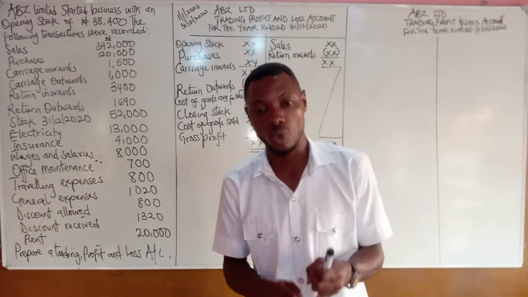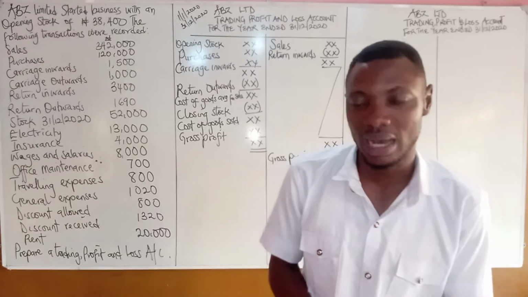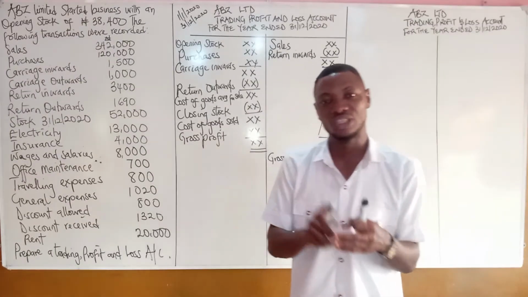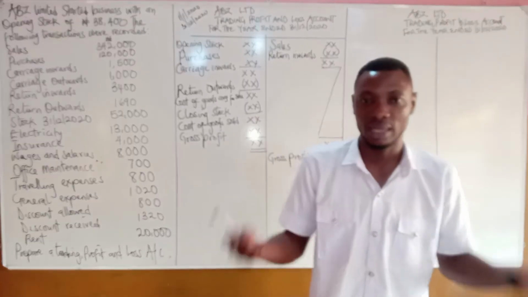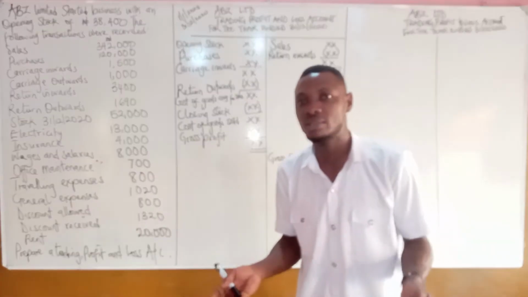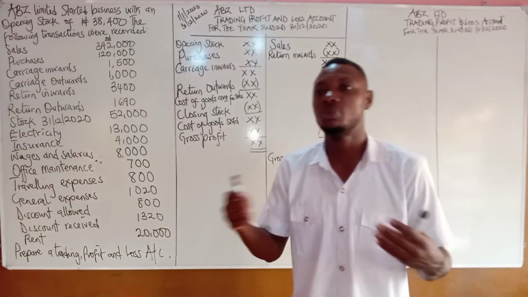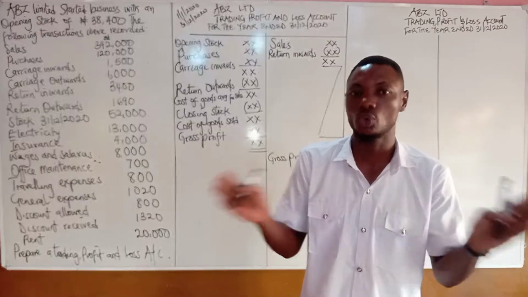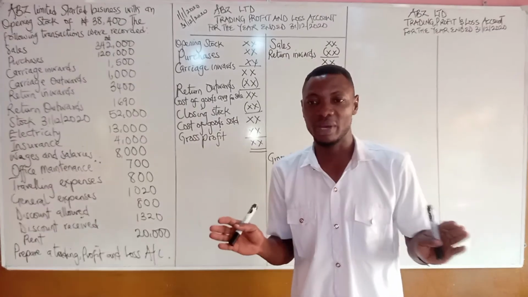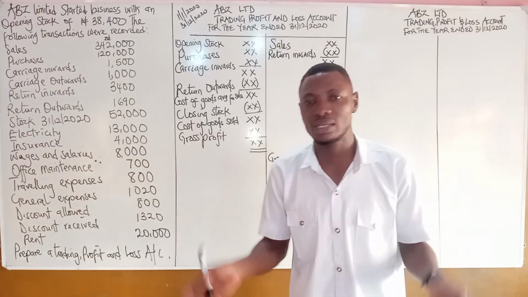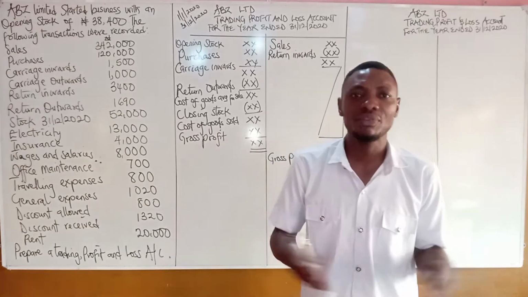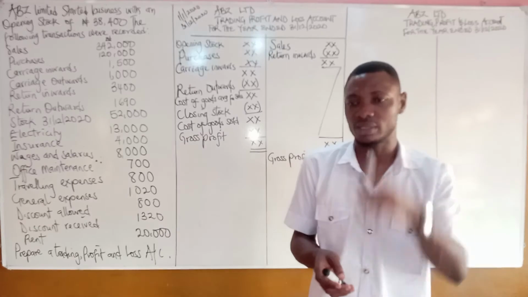Take for instance, your wages is an expense, salaries is an expense, electricity is an expense, traveling expenses is an expense, general expenses, insurance, depreciation on your fixed asset, rent, paying rent is an expense, giving out discount is an expense, giving out commission is an expense.